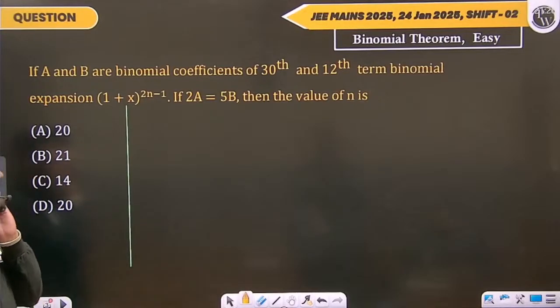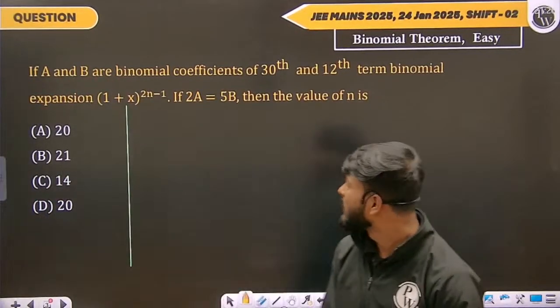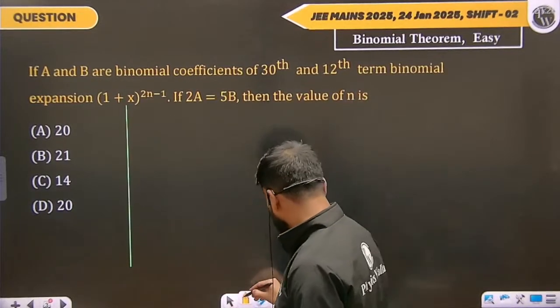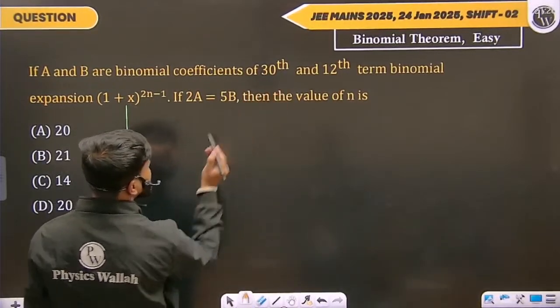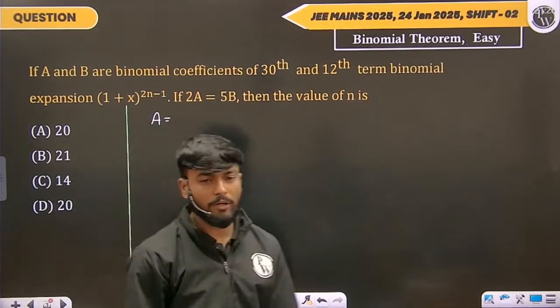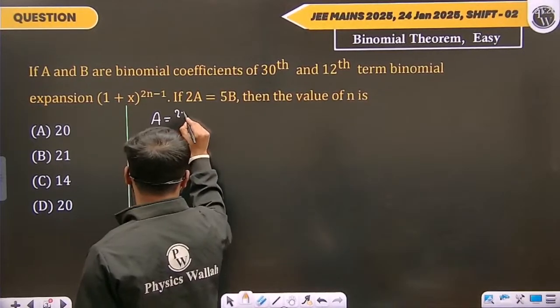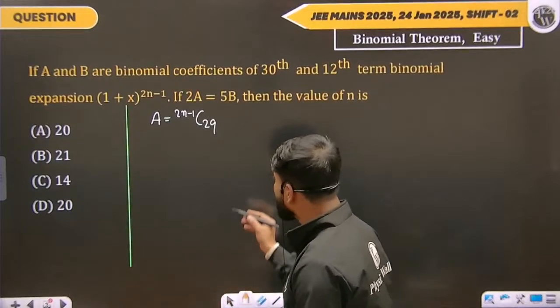What the question is asking is, if A and B are the binomial coefficients of the 30th and 12th terms of this binomial expansion. So can you tell me what is the coefficient of the 30th term? What is the value of A? It is the coefficient of the 30th term of this expansion. Can we write this as 2n minus 1 C29, isn't it? And what is the value of B?